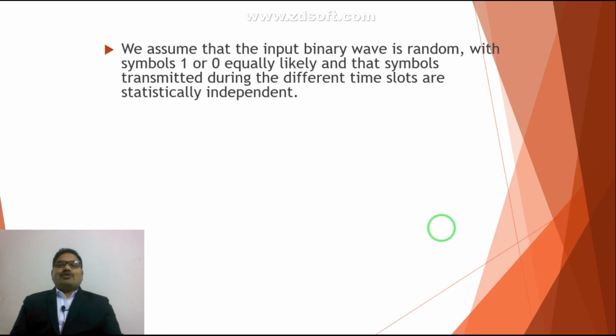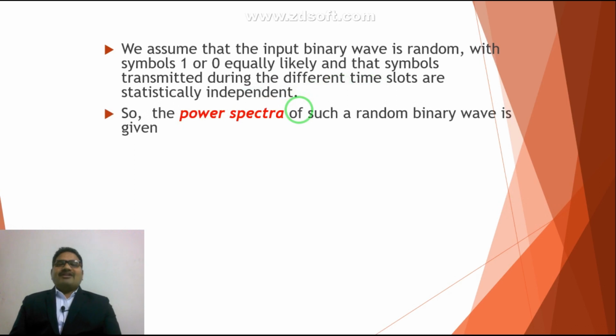So we assume that the input binary is random, with symbols 1 and 0 equiprobable or equally likely. Then the symbols transmitted during different time slots are statistically independent. So the power spectrum of such a random signal wave is given as GB of f is equal to PS TB sinc squared, sin of pi TB f upon pi TB f, whole square.